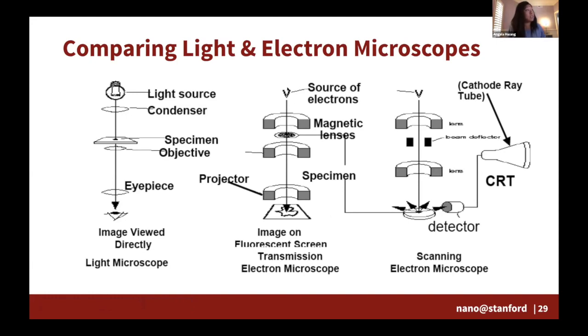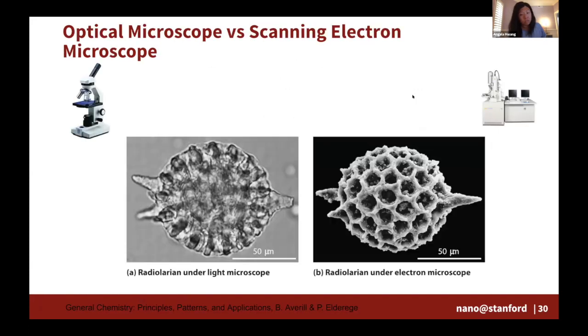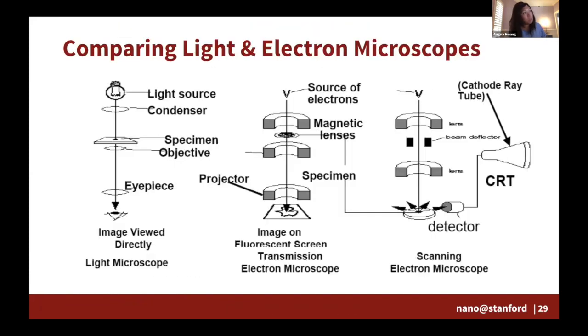So in this case, you're sending your electron beam through the sample, and then you're looking at it at the end. Whereas with a scanning electron microscope, you have the same electron beam, right?